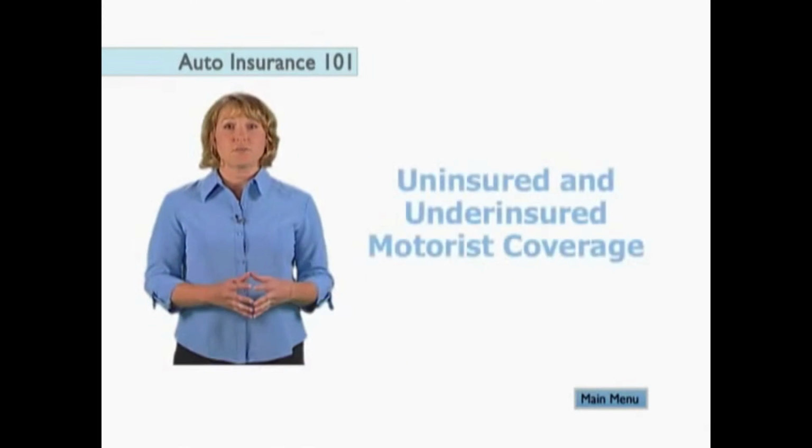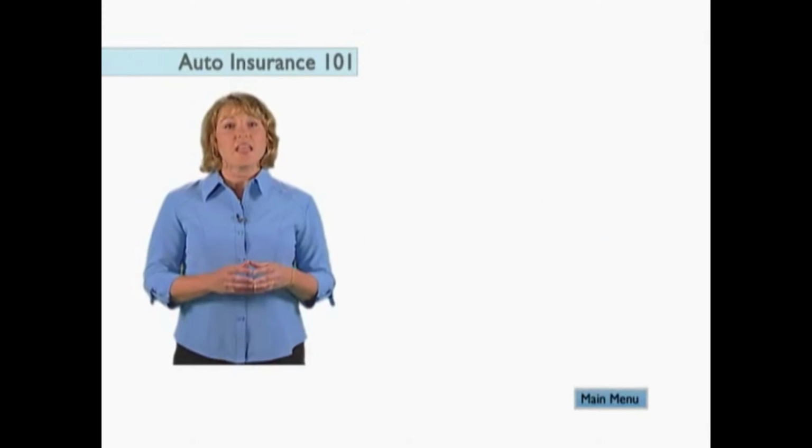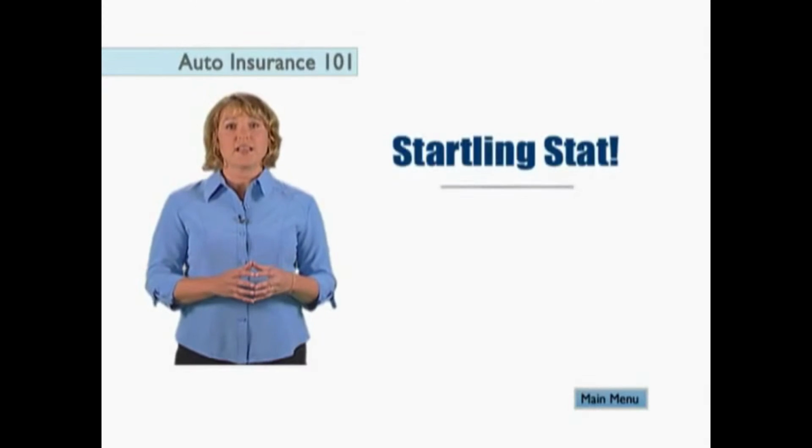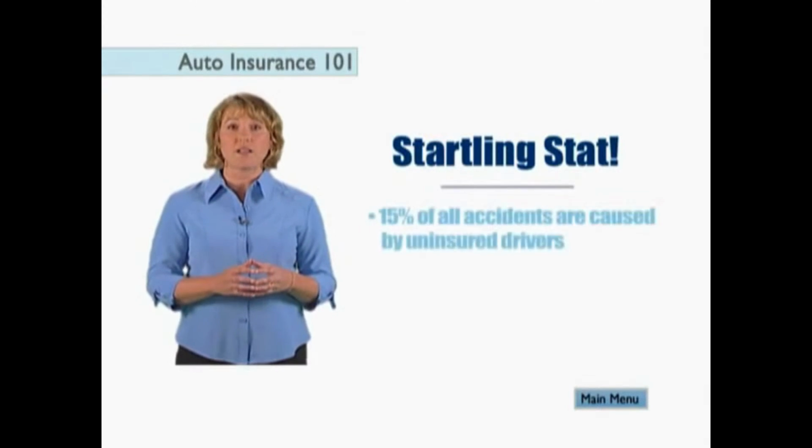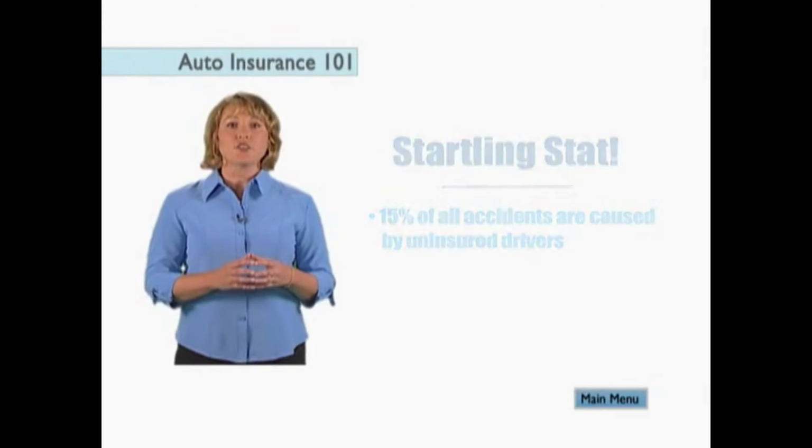A third coverage provided by an automobile insurance policy is uninsured and underinsured motorist coverage. This coverage is quoted similarly to bodily injury liability. Even though mandatory insurance laws exist in 48 states, nearly 15% of all accidents are caused by uninsured drivers. Uninsured motorist coverage provides protection for you and your passengers when you're injured in an accident with an uninsured motorist.